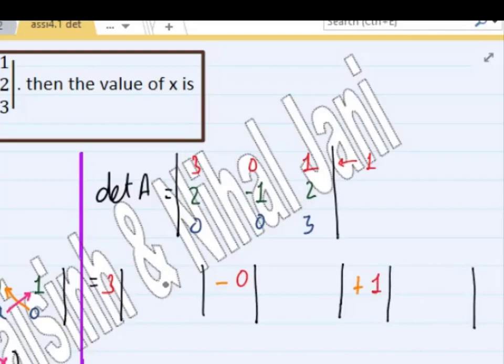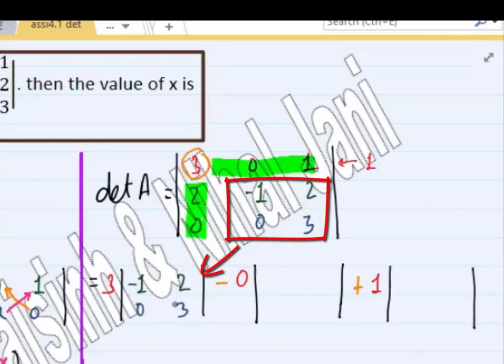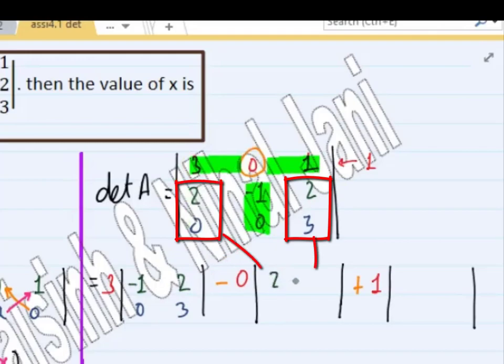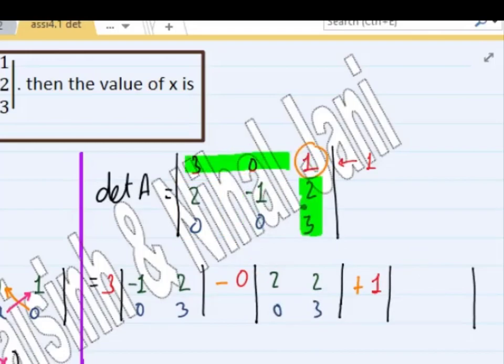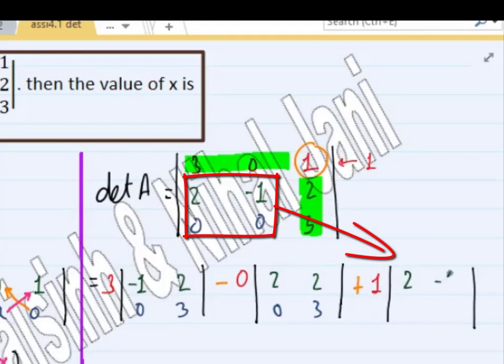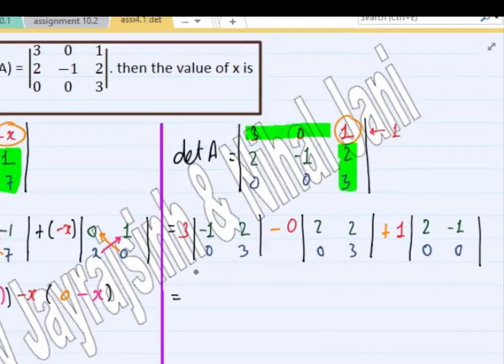Now let's fill the first determinant by eliminating first row, first column, which will give us minus 1, 2, 0, 3. Now the next determinant will be 2, 2 and 0, 3. And the last determinant will be obtained by eliminating first row and last column, which will give us 2, minus 1 and 0, 0, right?